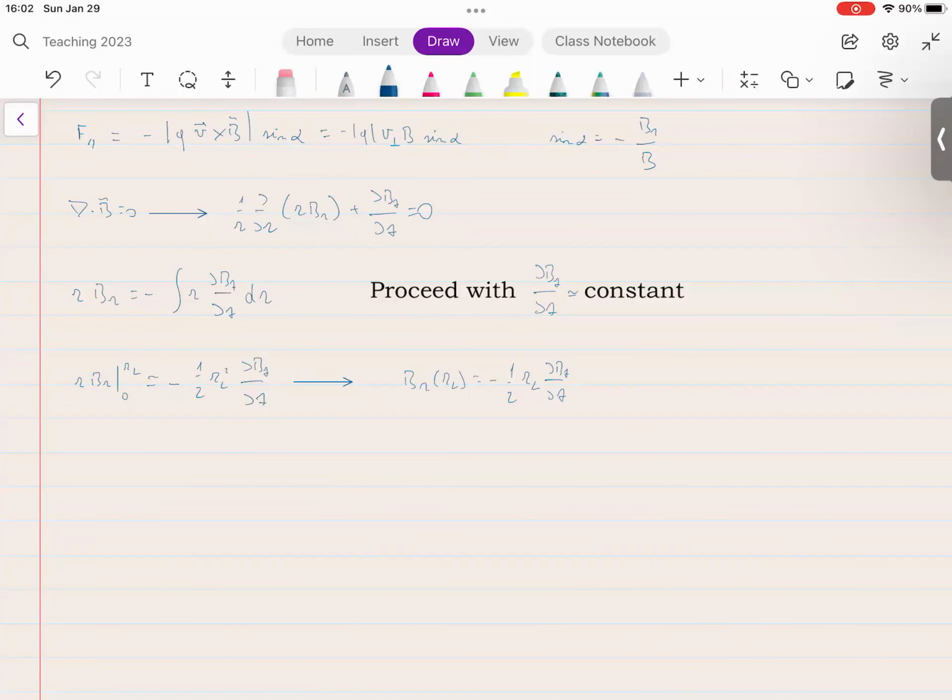So that gives me sine of alpha is equal to Larmor radius over 2 times B. So I'm copying BR. Times 1 over B dBz/dz.